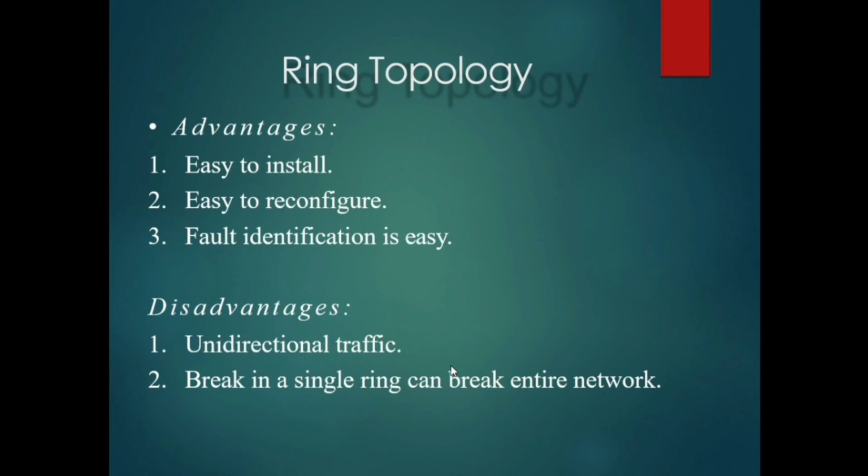A break in a single ring can break the entire network. This is the main disadvantage of ring topology. If a single computer or single device or workstation is dead or unable to communicate, then it will break the whole network.